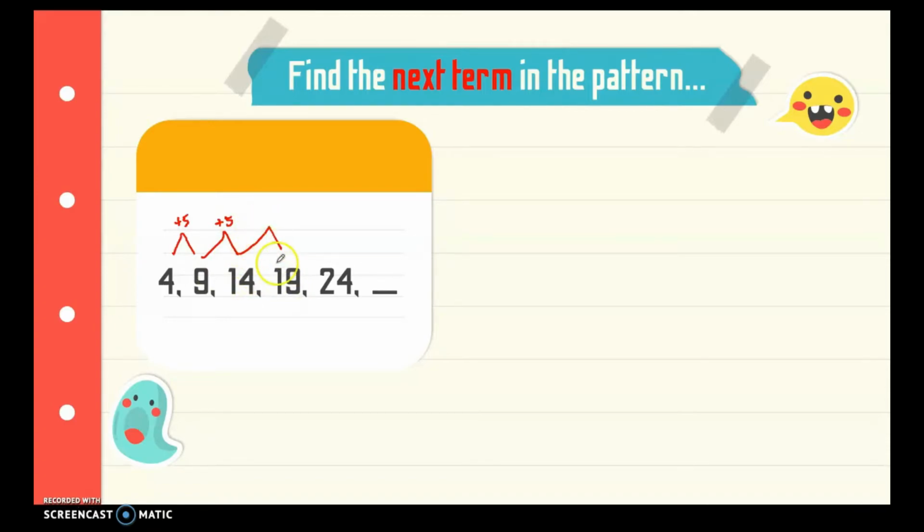So we have 14, then it becomes 19. So we have to add 5. Then 19 to 24, another add 5. So still adding 5. Then we can conclude that the pattern or the rule is adding 5. So we have here 24 plus 5 is 29.